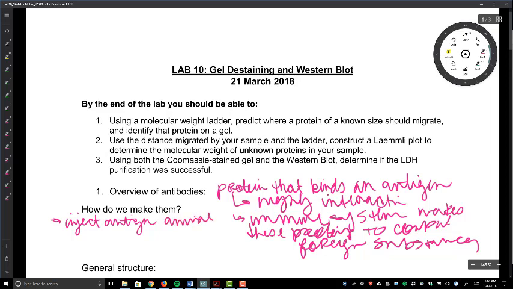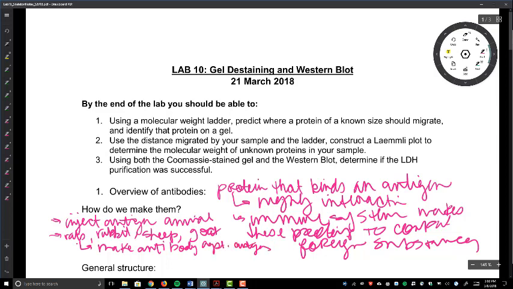Very commonly, these animals can be rats, rabbit, sheep, goat. And then these animals develop an antibody against the antigen. And then you can purify those antibodies and then sell them.